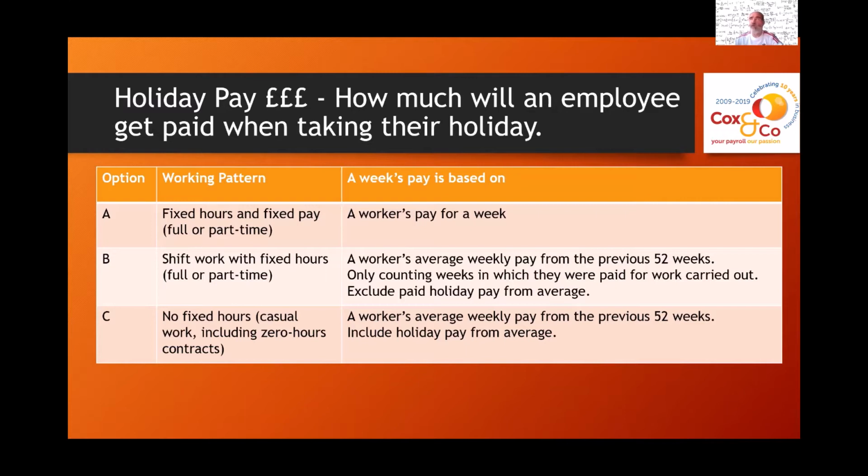So there's a distinct difference in the way you calculate it. What you apply for one worker is different to what you might apply for another worker, which is why you have to be quite clear about the categorization of workers when you're calculating holiday pay. So the differences are there.